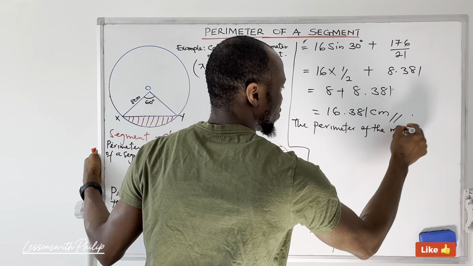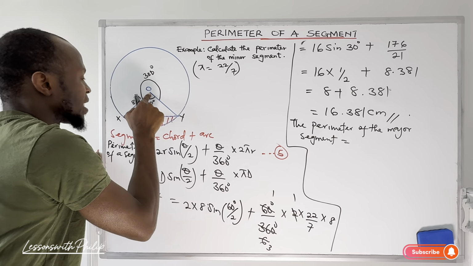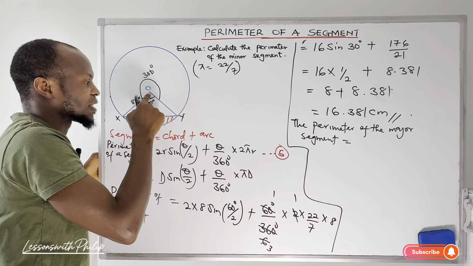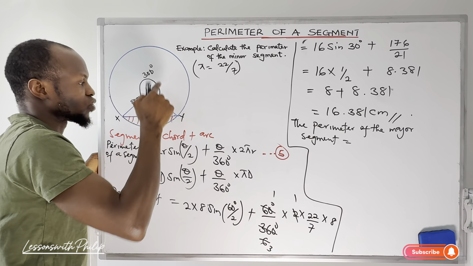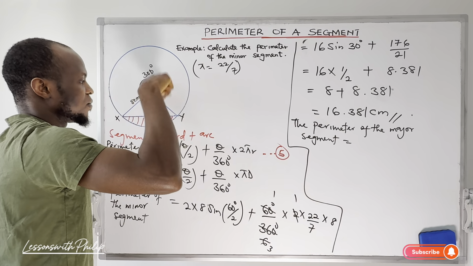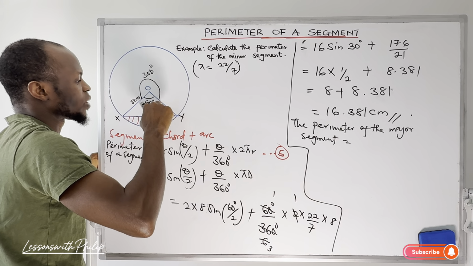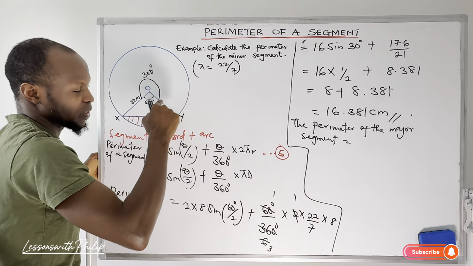The angle subtended by this arc will now be 300. How did I get my 300? The sum of angles in a circle is 360 degrees. That shows if this place to this place is 60, the rest will be 300.